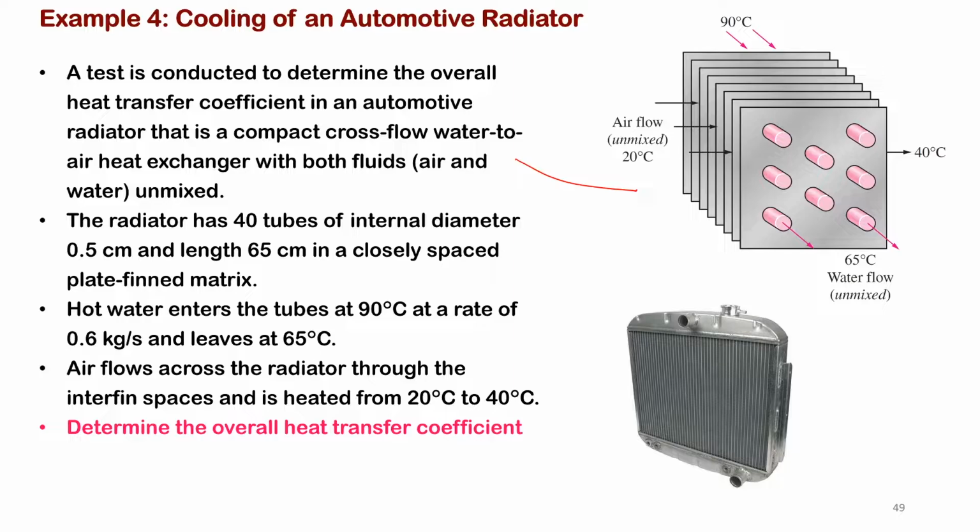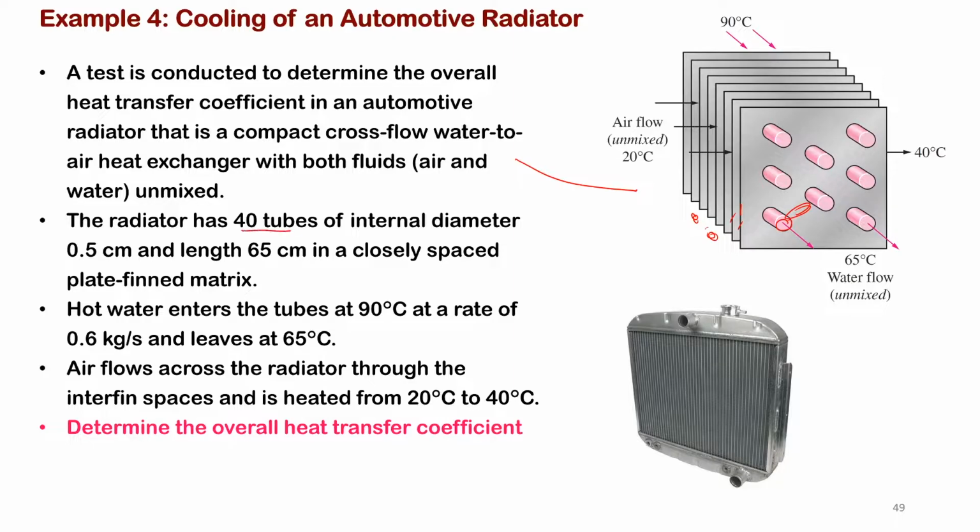So in this case, both of the fluids are unmixed. So we have plates that are separating the air to mix between the layers, and we have tubes that are separating the water to mix.